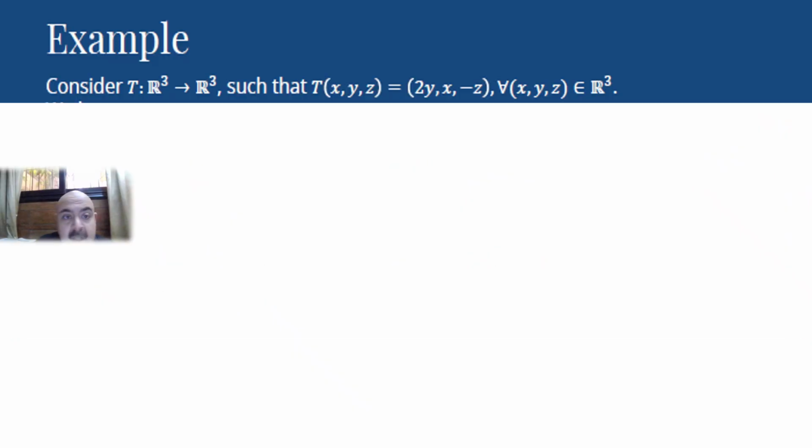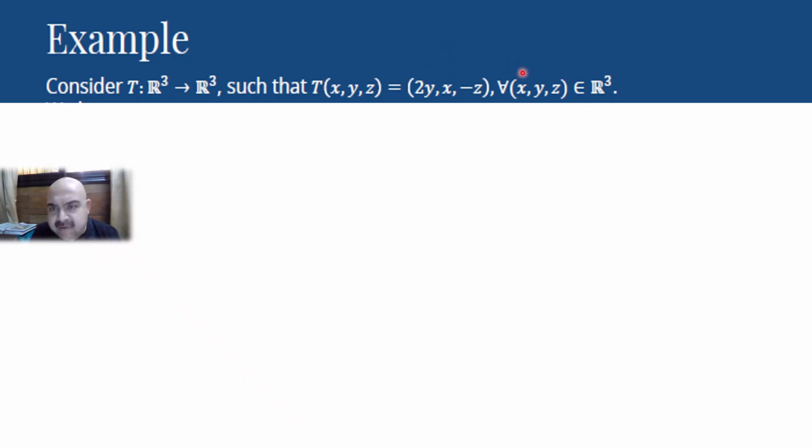Okay, let's do a quick problem. This exercise, first of all, considers the transform which moves stuff from R3 into R3. How is this transform going to work? It's going to work simply as you will see. For the input vector, which consists of x, y, and z, it will be mapped into 2y for the first component, x for the second component, then minus z for the third component.